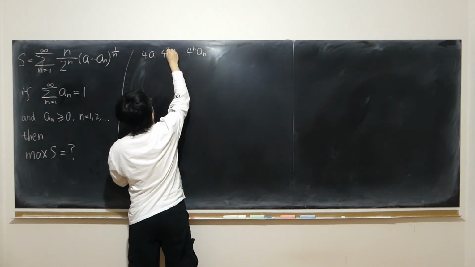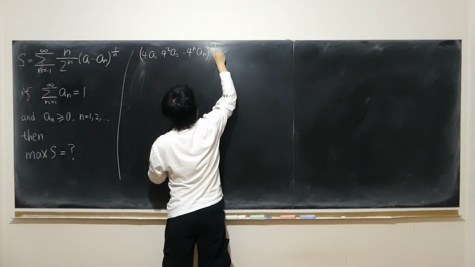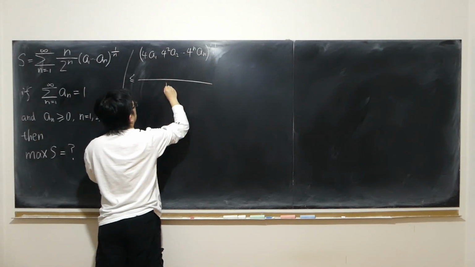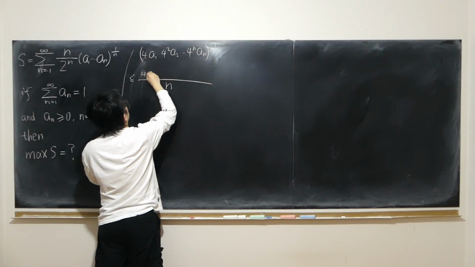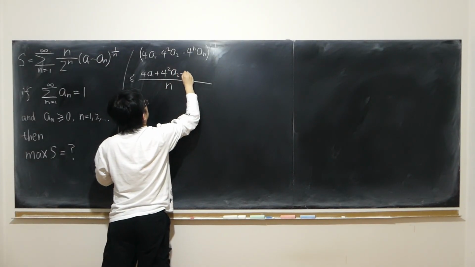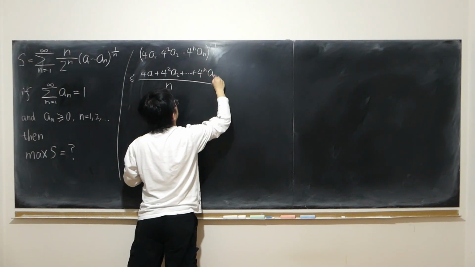We have this pattern, to the power of 1 over n, is less than or equal to 4a1 plus 4 to the power of 2 a2 all the way to 4 to the power of n times an.